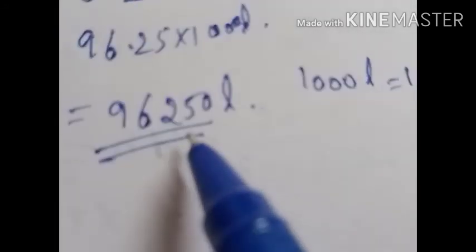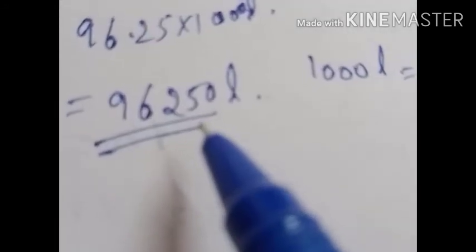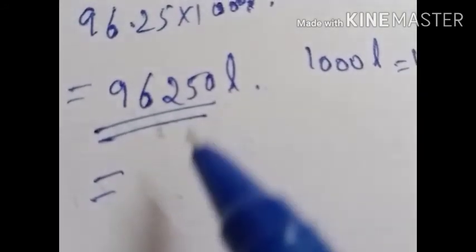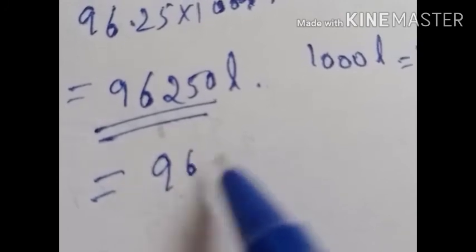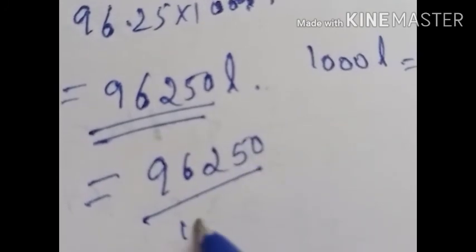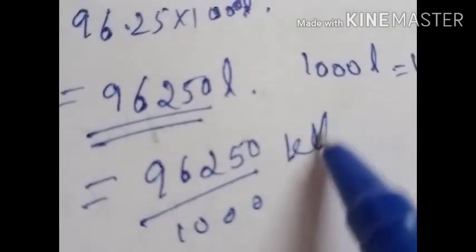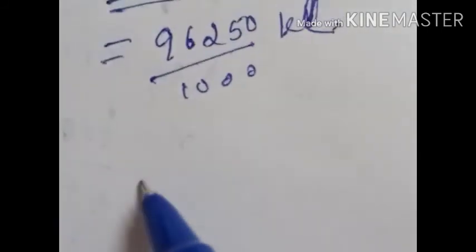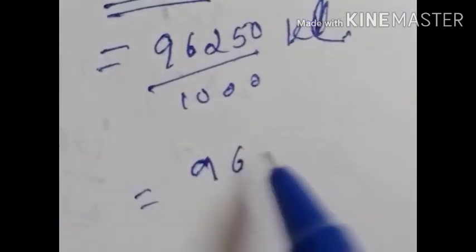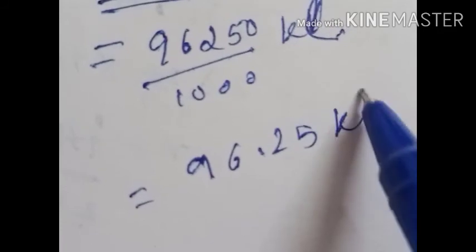Here we can convert that into kiloliter too. To convert liter to kiloliter, what we should do? Divide by 1000. So 96250 by 1000 kiloliters. So this is equal to 96.25 kiloliter.